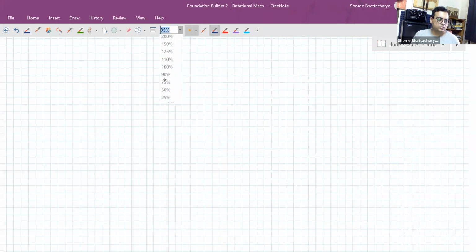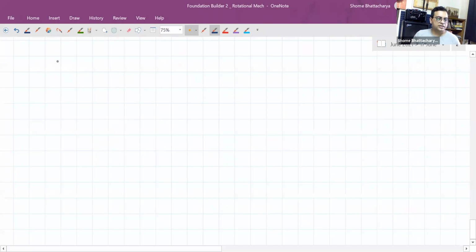Now, next thing we'll understand is how to calculate the kinetic energy of a rigid body in pure rotation.